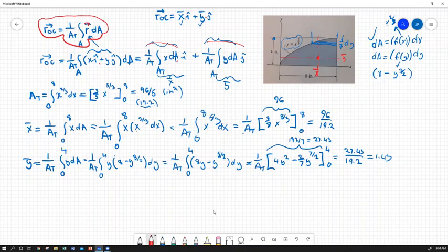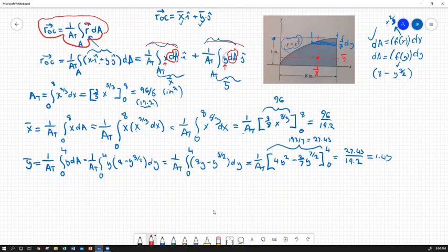And then the big trick is defining our differential area or differential length or differential volume in terms of something we can integrate that's going to change appropriately with that radius term. And the key is to make sure that the little bit of area, the differential area, is all, in this case, at the same y distance.